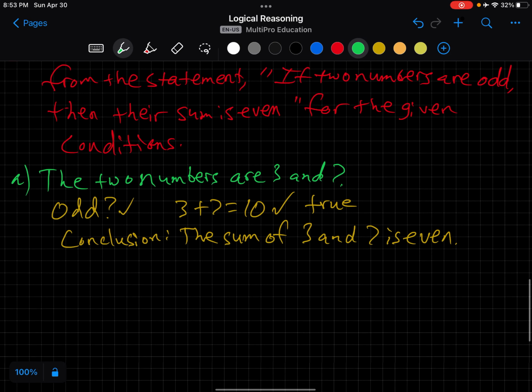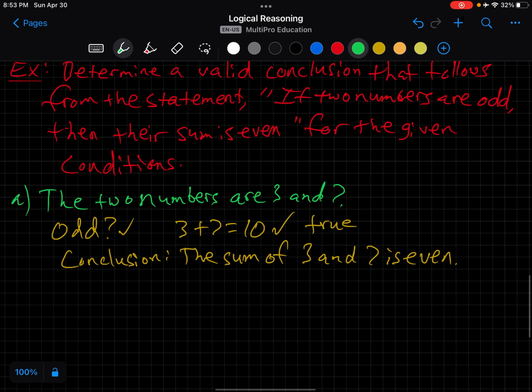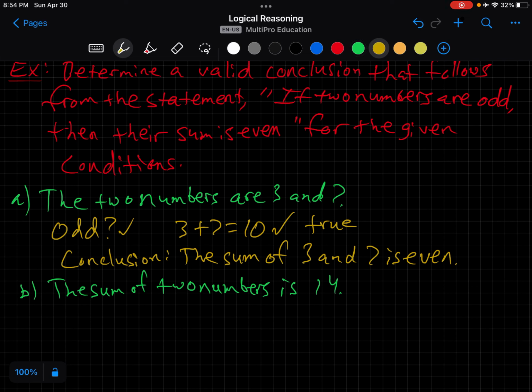Okay, let's look at part B here. All right, the sum of two numbers is 14. So let's look at a couple numbers here.